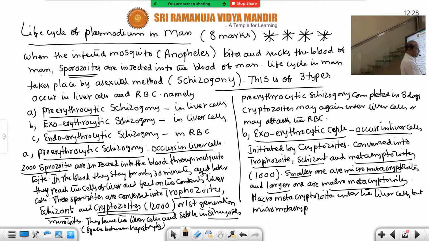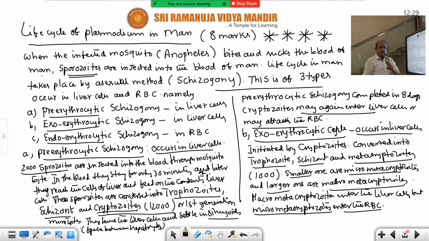Micro metacryptozoites start the erythrocytic cycle, or enter the RBC, however you want to say it. So RBC is infected by two stages. Either cryptozoites, as I have already written, may again enter liver cells or may attack the RBC. This is important. So two stages.